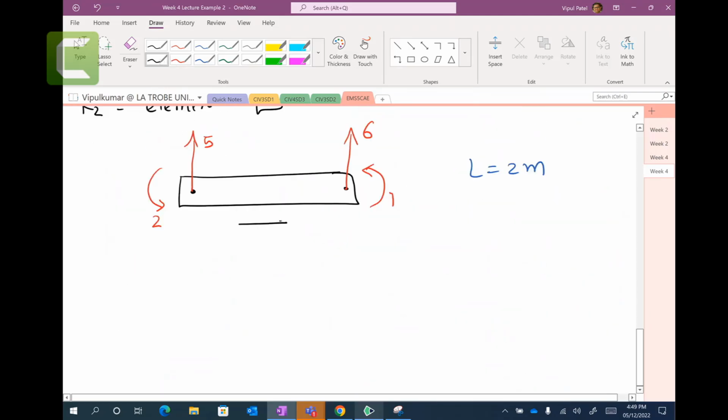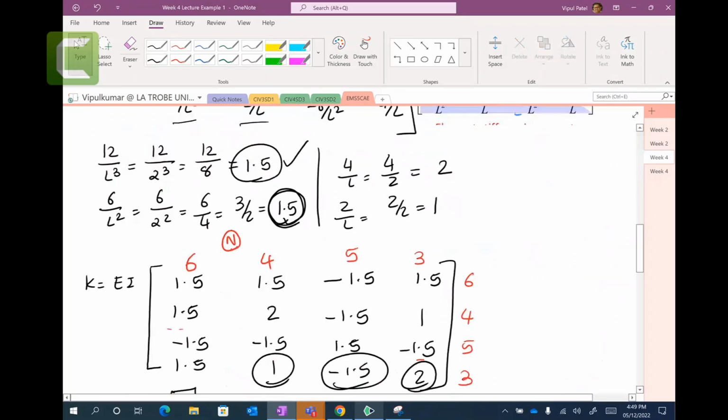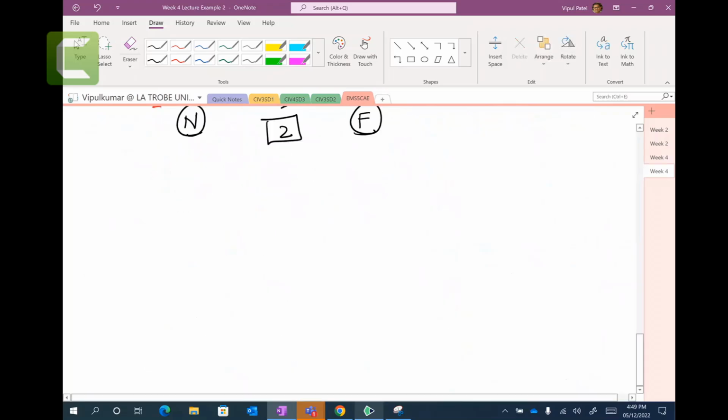And the location vector goes here. This is the near node, this is the far node, and this is element number 2. You remember this element K2 equal to 1.5. If you go back here, length equal to 2 meters, then we can use exactly the same 1.5. If you calculate that again, it's just dependent on the length. EI, let's keep it out.